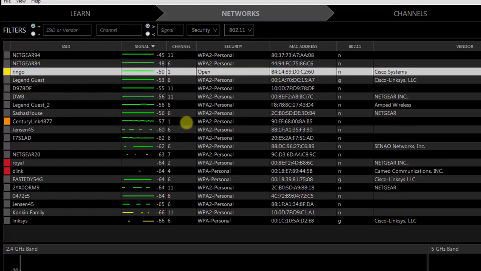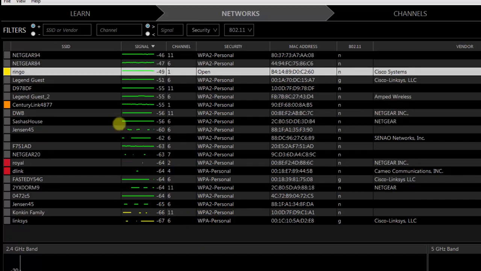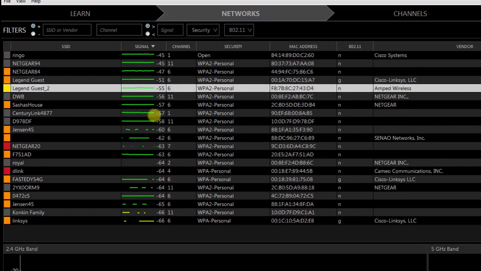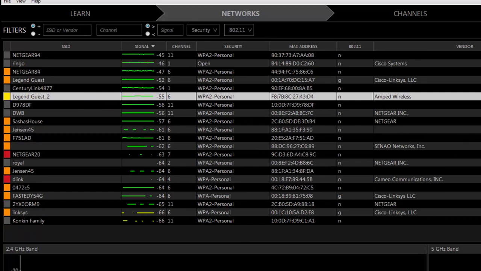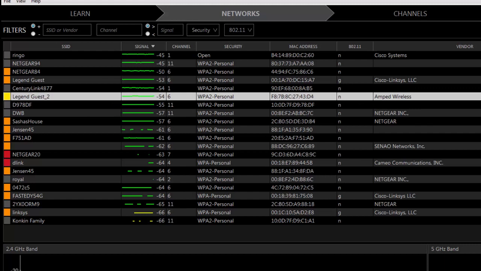I happen to know that these are not in my building because I have a home office here. But let's say that you wanted to see this legend trail guest. You could highlight that, and you can actually watch this as you walk around with your laptop. The number will get lower as you get closer to it; lower is a stronger signal. So you can nail down where these are by walking around with your laptop and watching the signal get stronger or weaker as you walk by.